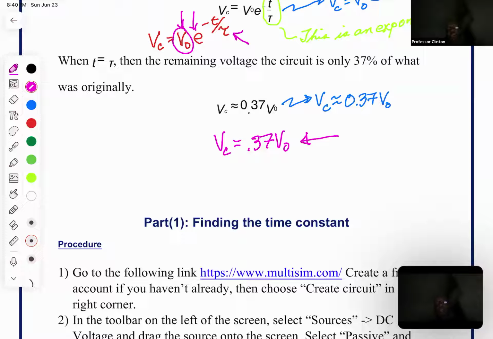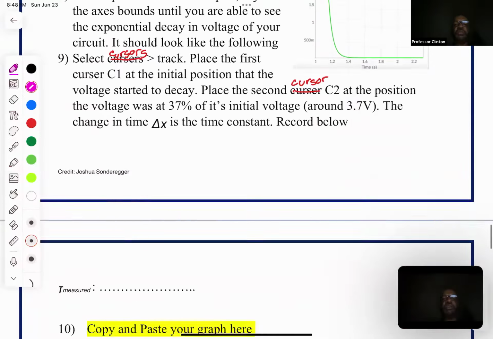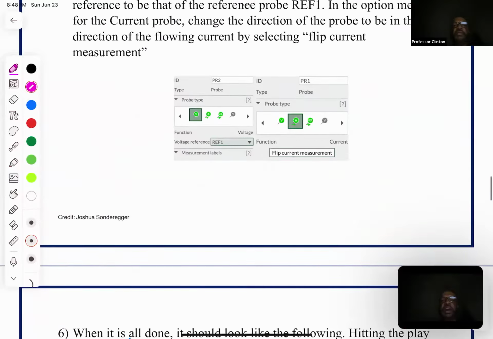You'll see later on that we don't talk about it too much, but after 1 tau, you'll get a certain percentage left. This goes for every capacitor's time constants in the discharge. After 1 time constant, 1 tau, you're going to see about 36.8% left on the capacitor.